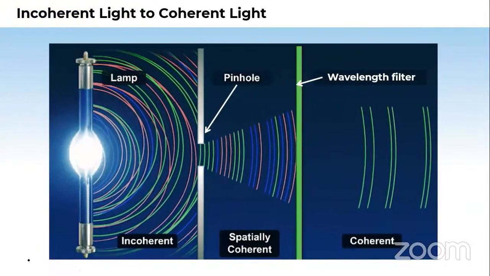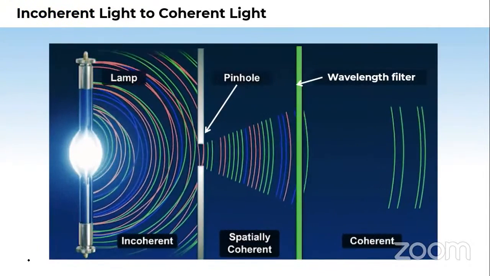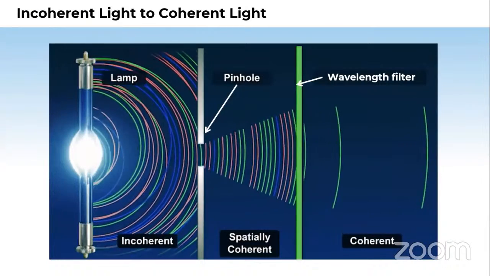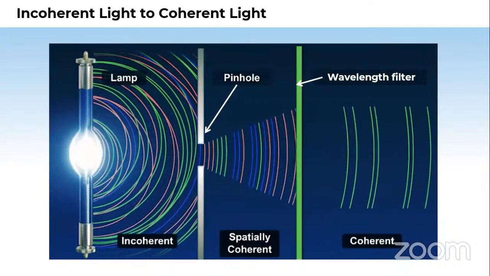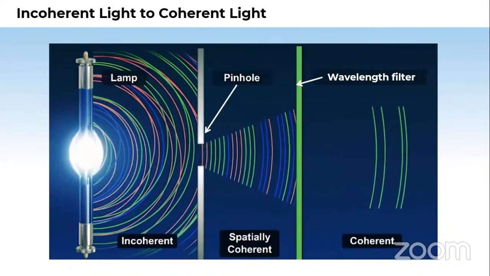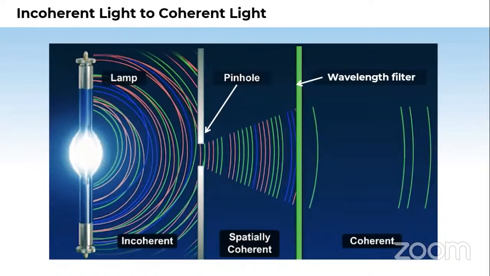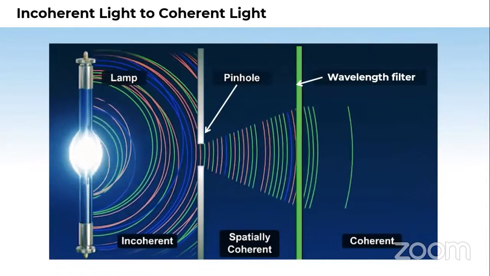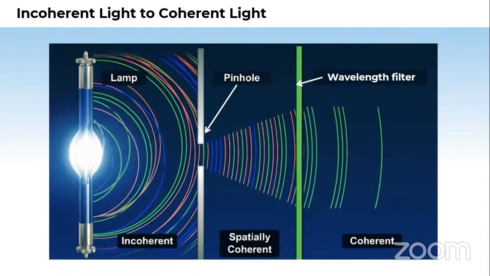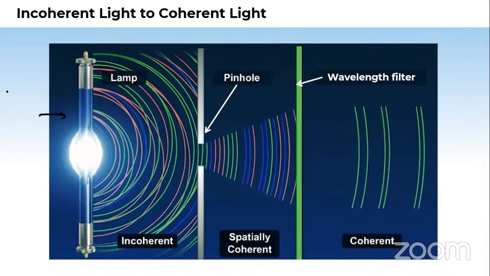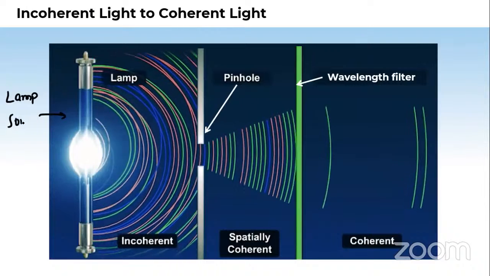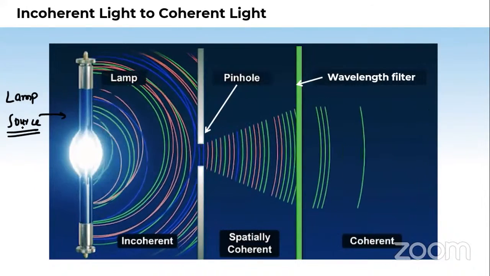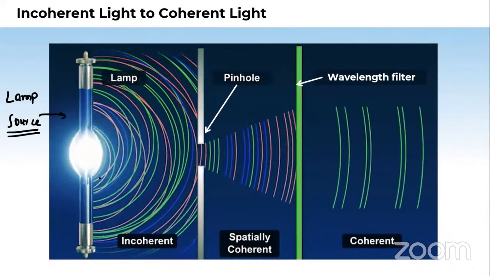So these are incoherent light sources. Now, see, Chitradurga students, this is the revision going on. Soon we'll reach our final slide, where we left on the 2nd March. This you have already seen, but for the revision, watch it carefully again. Suppose this is a lamp source, and the rays are coming out of it.